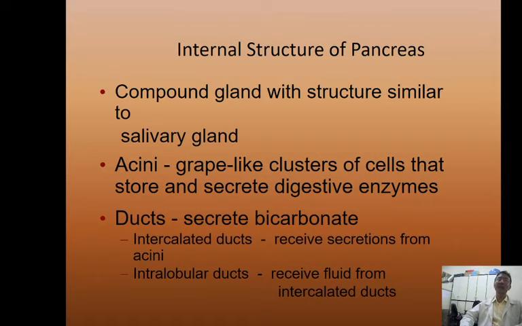So the other factor which inhibits the gastric emptying is the presence of excess chyme in the duodenum. If there is a sudden rush of contents from the stomach into the duodenum, this excess of chyme in the duodenum will immediately inhibit the gastric emptying. So these are the factors which will inhibit the gastric emptying.